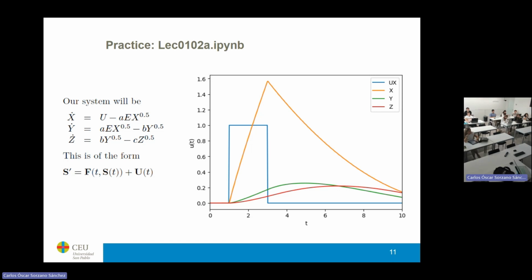And y, what about y? So as soon as x starts growing, y will also start to grow. And when x peaks, still y will keep on growing a little bit, but then at some point x starts decaying. So there is no more income from x because x is going low.